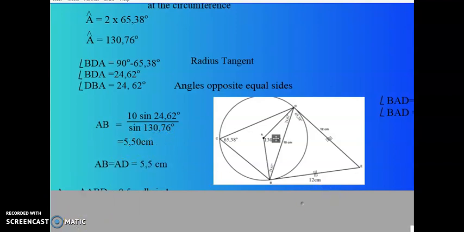But AB is equal to AD because they are radii. So they are the same length, 5,5 centimeters.